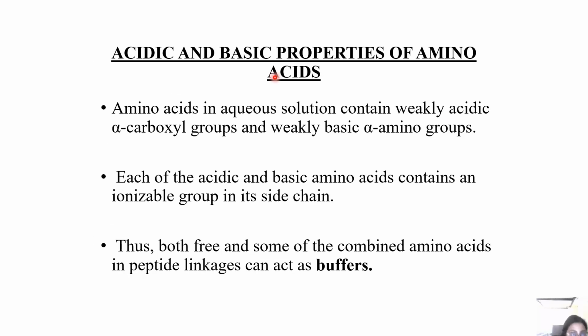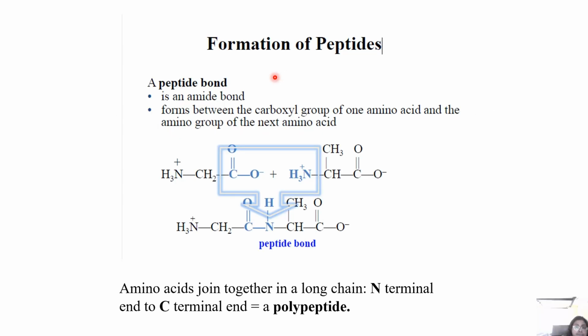Amino acids in aqueous solution contain weakly acidic alpha carboxyl groups and weakly basic alpha amino groups. Each of the acidic and basic amino acids contains an ionizable group in its side chain. Both free amino acids and some of the combined amino acids in peptide linkages can act as buffers.